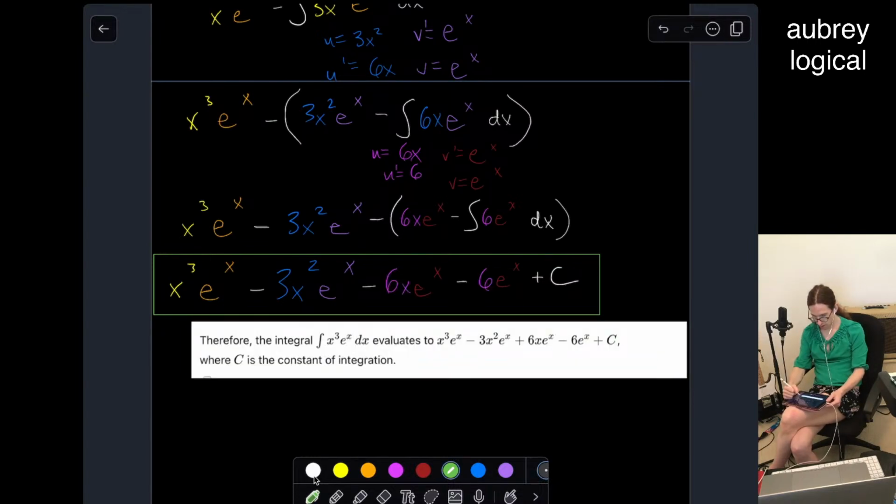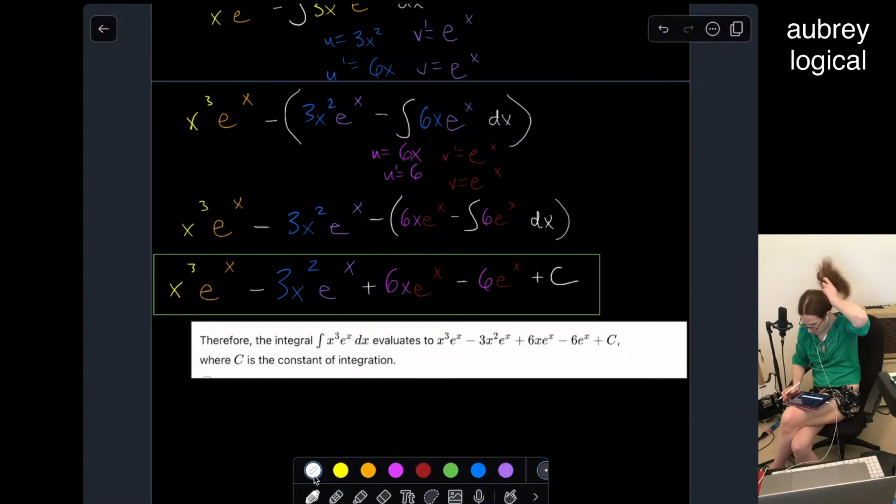x squared e to the x minus 3x squared e to the x. Oh! I missed one of my signs. I don't understand. Where would that negative come from? I don't understand.